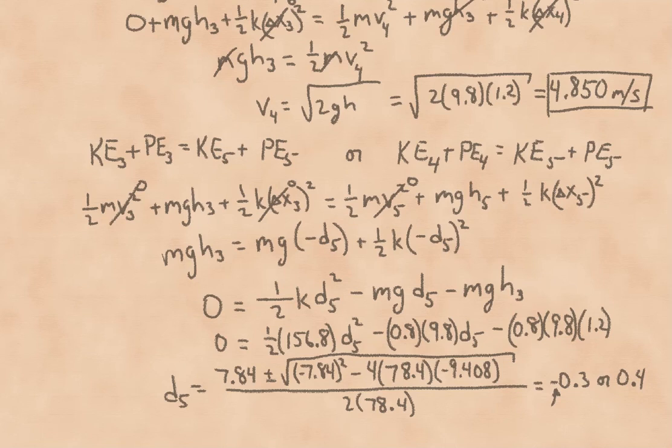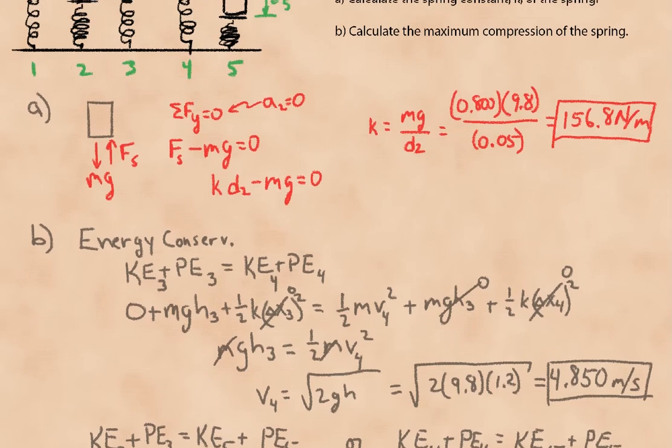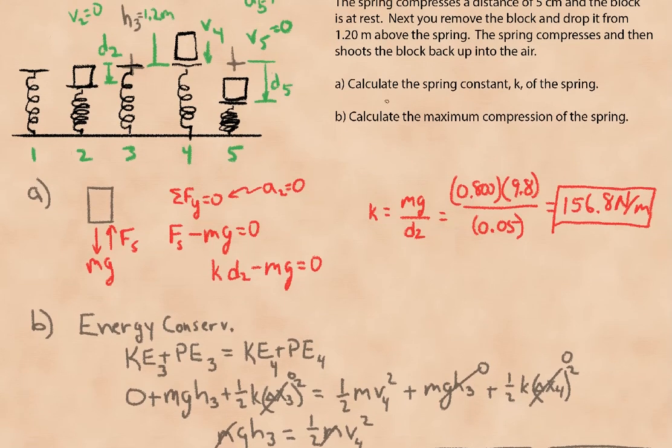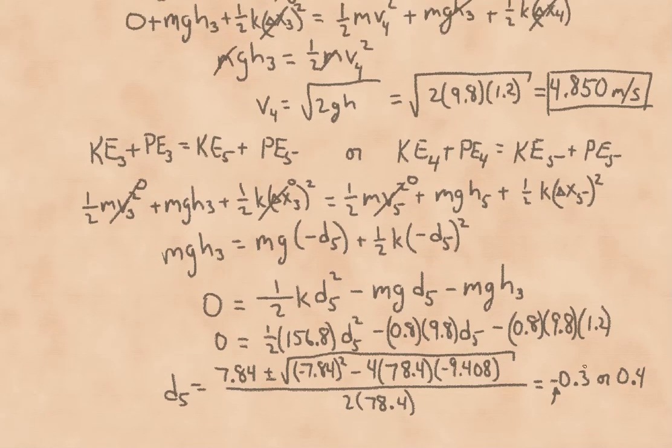So for the negative 0.3 to be the correct value, that would mean D5, instead of pointing down, actually points up. And we know that physically doesn't happen, that the block does not go up in compressing the spring. So the negative 0.3 is not a physical answer. It doesn't have any physical meaning.